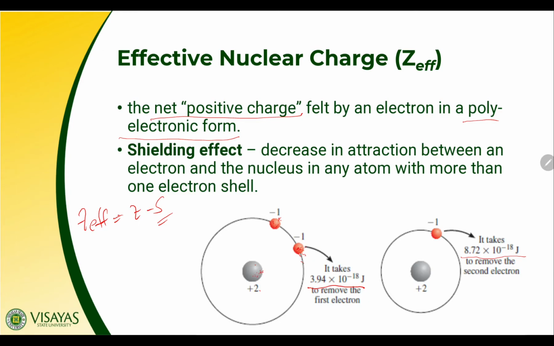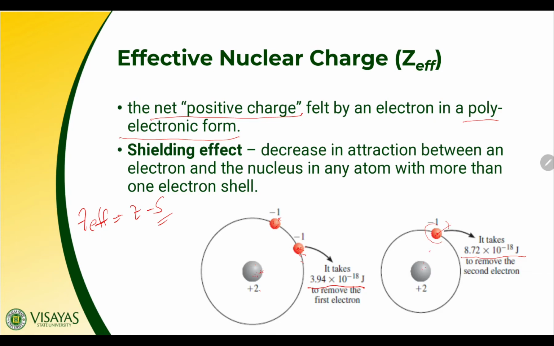Now when this electron is removed, only one electron remains, so there is no other electron to shield this electron from its attraction towards the nucleus. So its attraction is increased. Because of that, it takes a larger amount of energy to break that attraction and remove this electron from the atom.